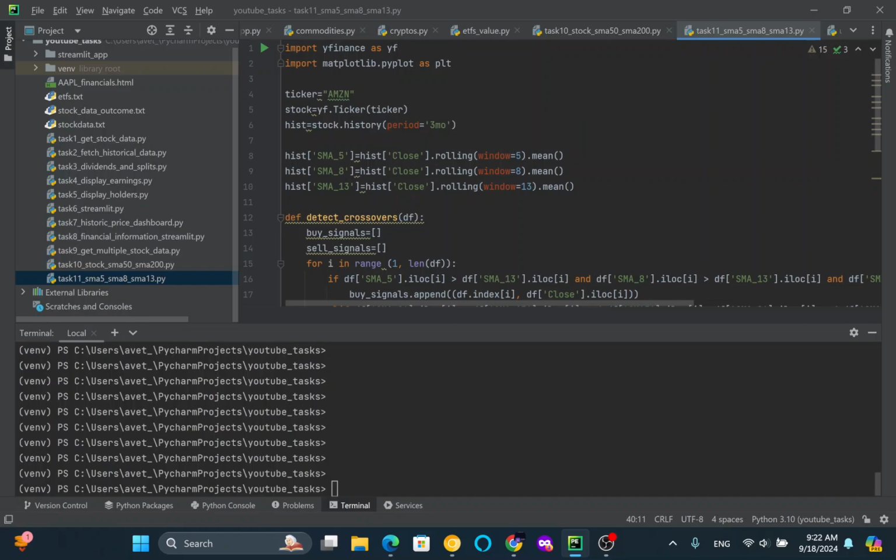We detected the 3-month and fetched 3-month closure price for the Amazon. Based on it, we calculated 5-day, 8-day, and 13-day simple moving averages using the rolling mean function from close price.